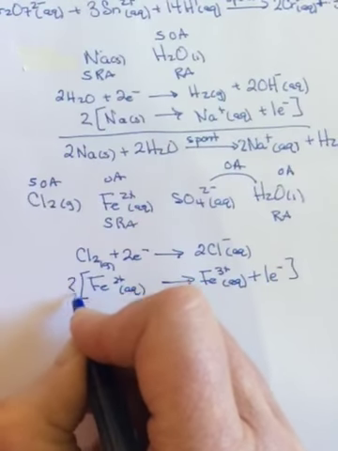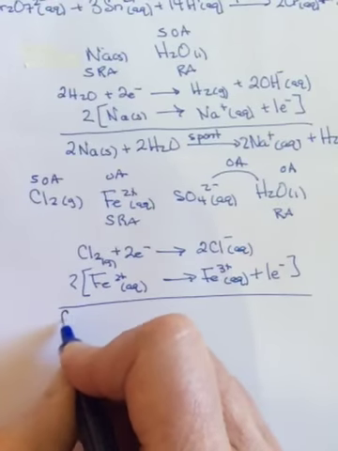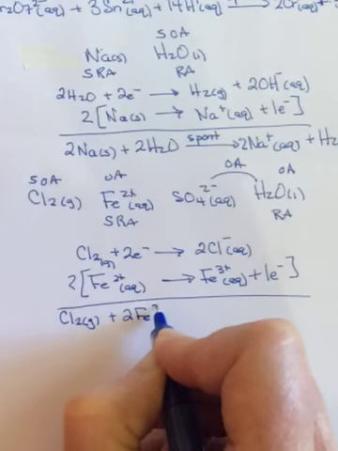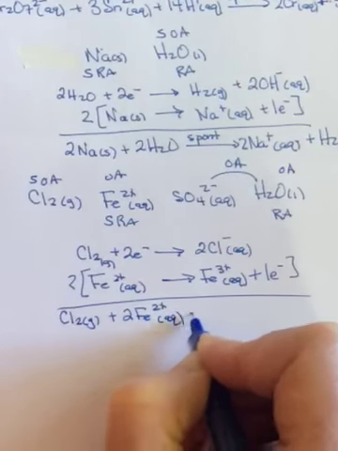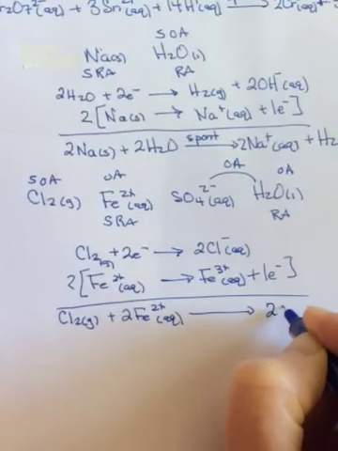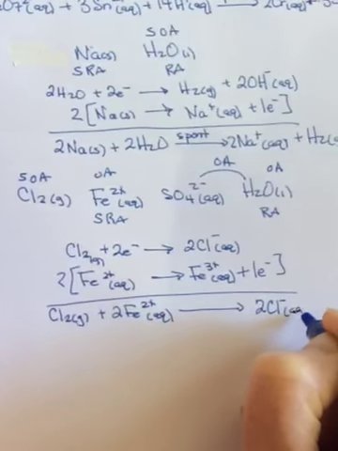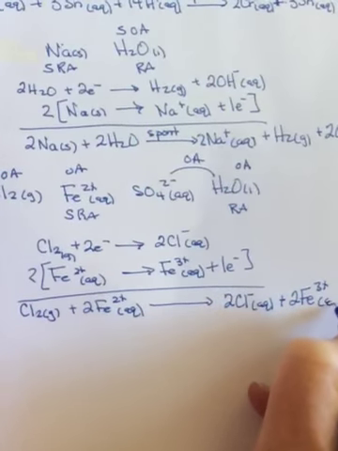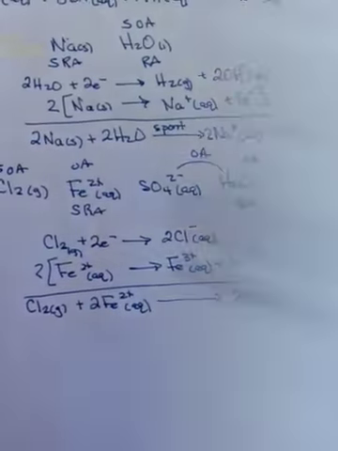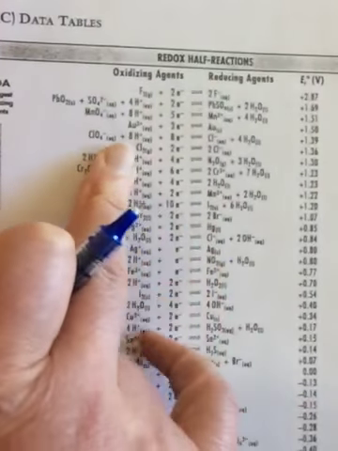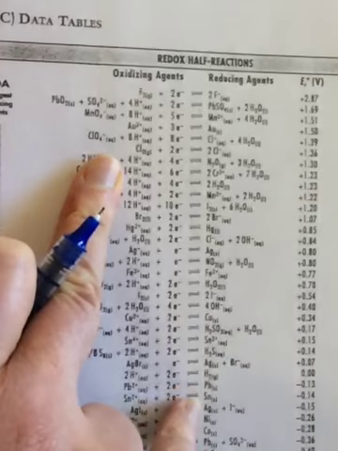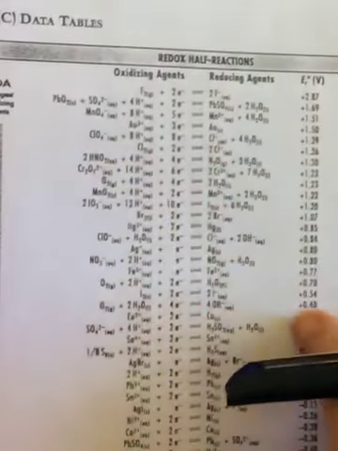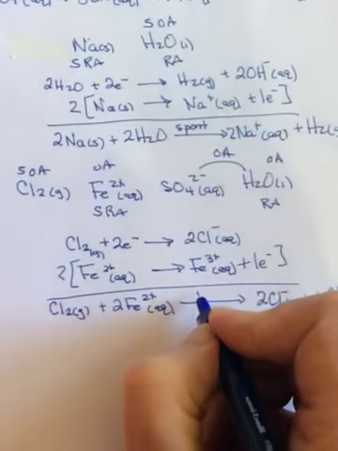This needs to get multiplied by 2. So we'll have Cl2 gas plus 2 Fe2+ aqueous going to 2Cl- aqueous plus 2 Fe3+ aqueous. Which one is higher up? Well, the Cl2 is all the way up here, and the Fe is right there. So it is definitely spontaneous.